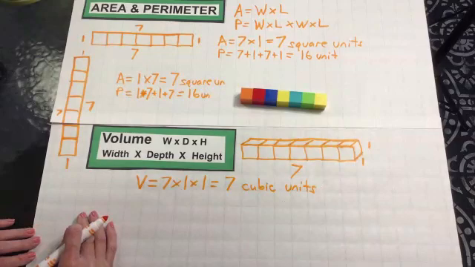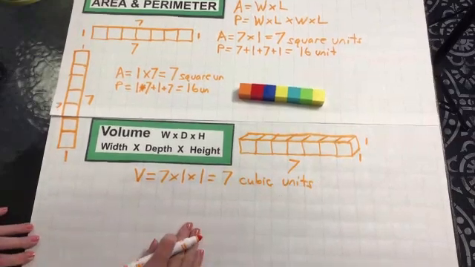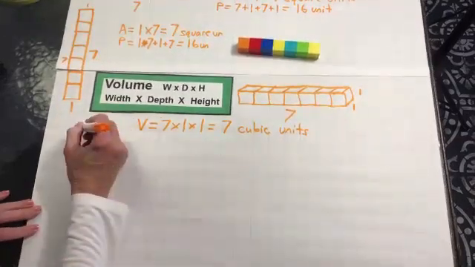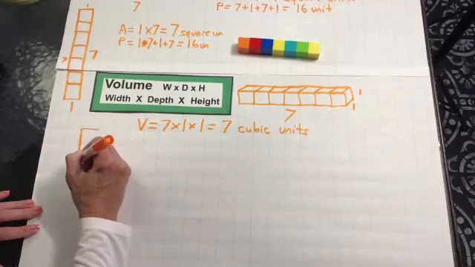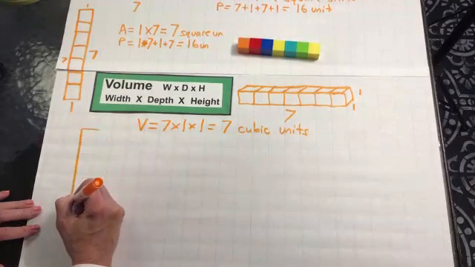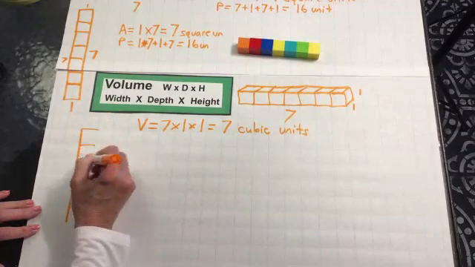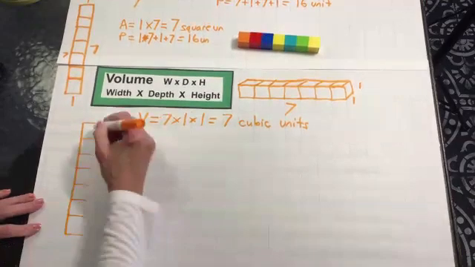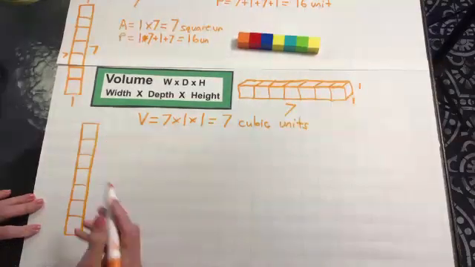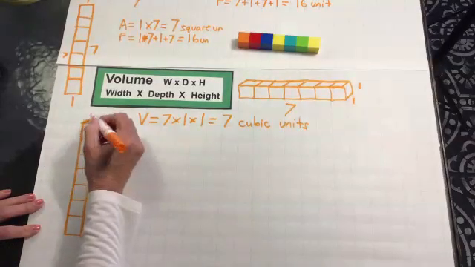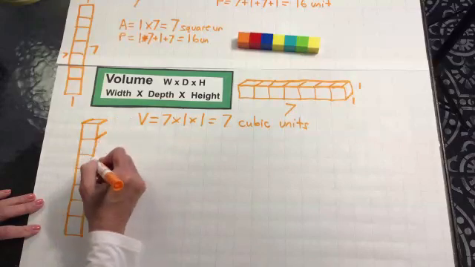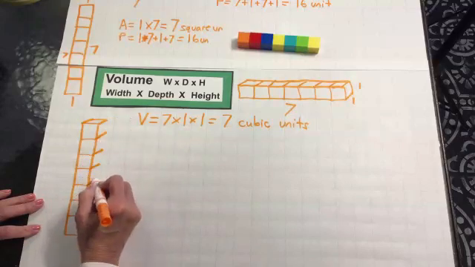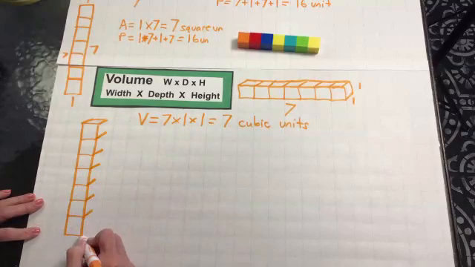And of course, we could stand it up if we wanted to. So I have room to do that today. So we're going to stand it up. Let's see, 1, 2, 3, 4, 5, 6, 7. And again, we've got our diagonals coming back parallel to each other, which makes it easier.